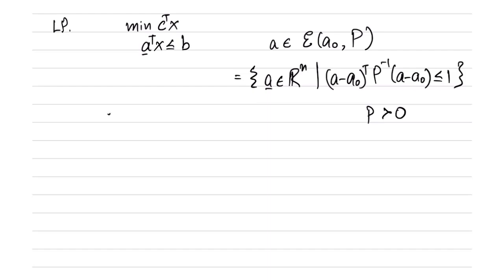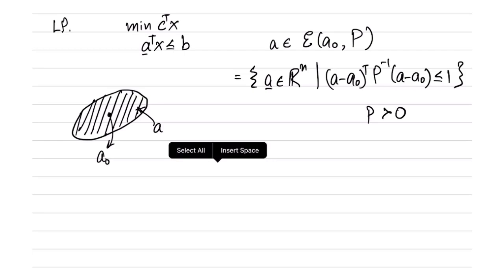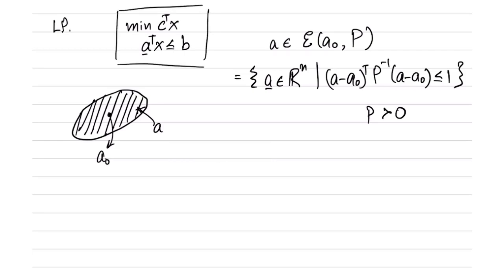If you imagine a as a point in n-dimensional space, say this point is a0, there is an entire ellipsoid surrounding a0 where a could be. a could be any point in this entire ellipsoid, and we want to solve this linear programming problem while allowing a to be any point in this ellipsoid.